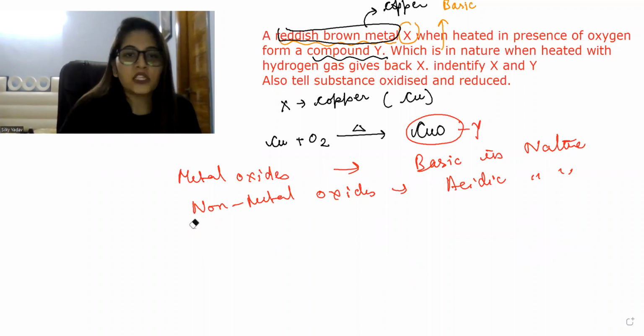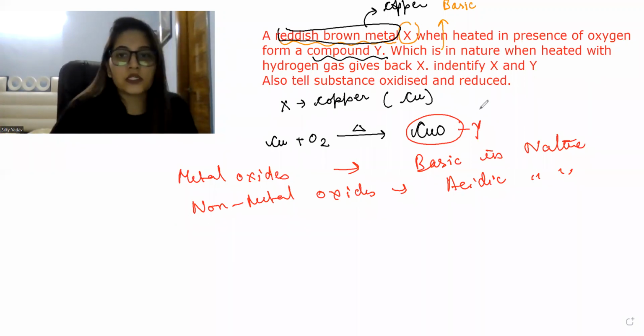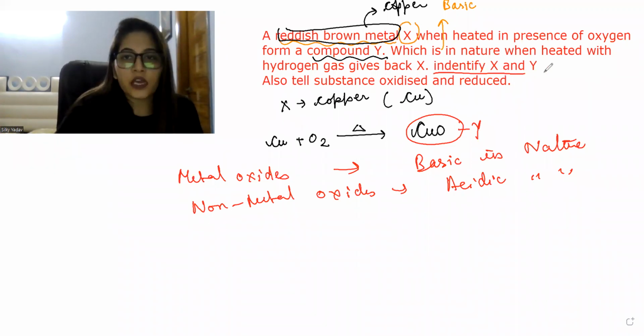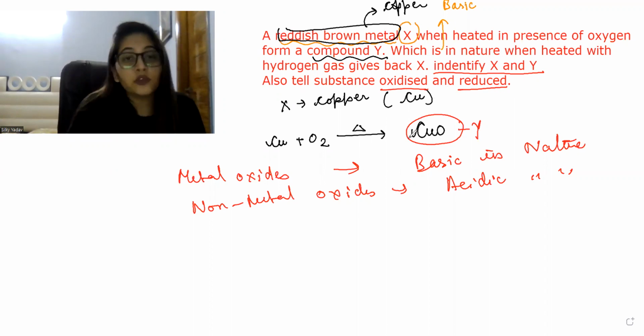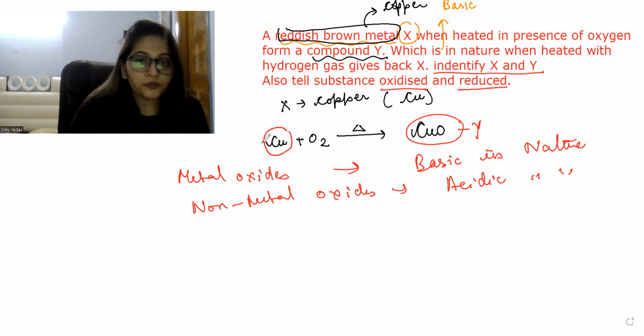Now, the next part of this question is asking us to identify X and Y, which we've already done. Also tell us about the thing which is oxidized and reduced. We have to now see, this is copper. Because copper is now moving from copper to copper oxide, that means it is getting oxidized. So from here to here, copper is getting oxidized.